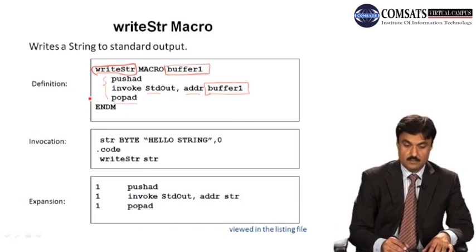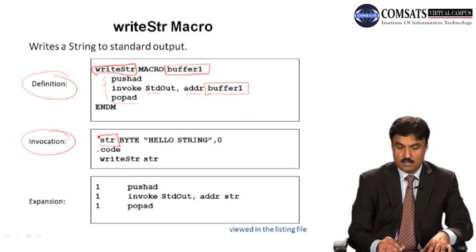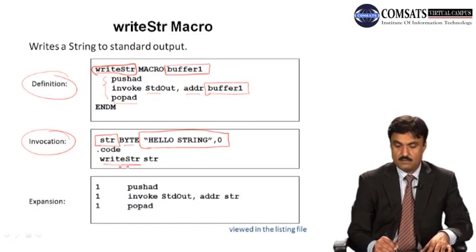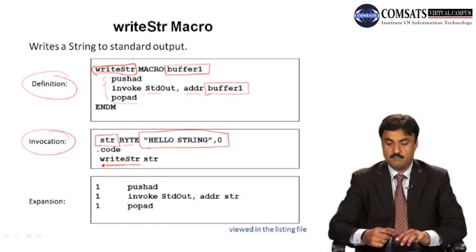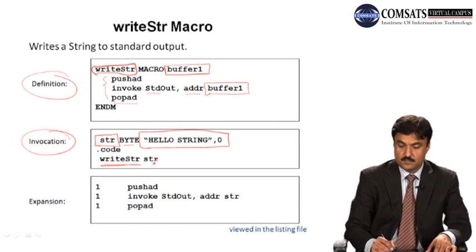For example, this is the definition of the macro. And now we invoke it. How can we invoke it? For example, str is a string variable. It's of type byte, and here is a string. Now we are going to invoke this macro by writing the macro name, write string, and then str.